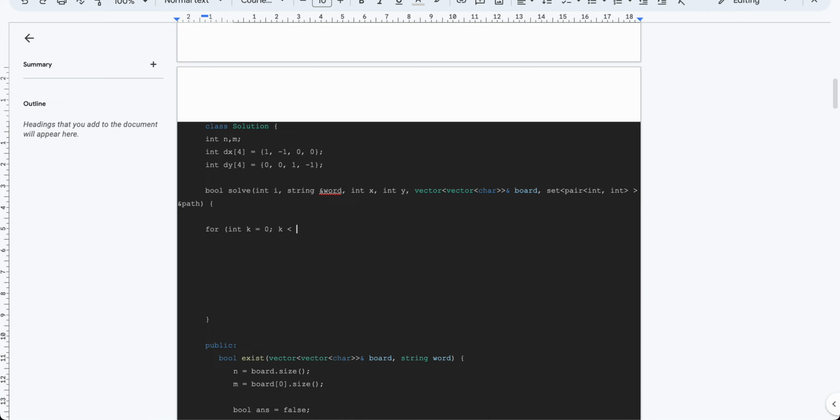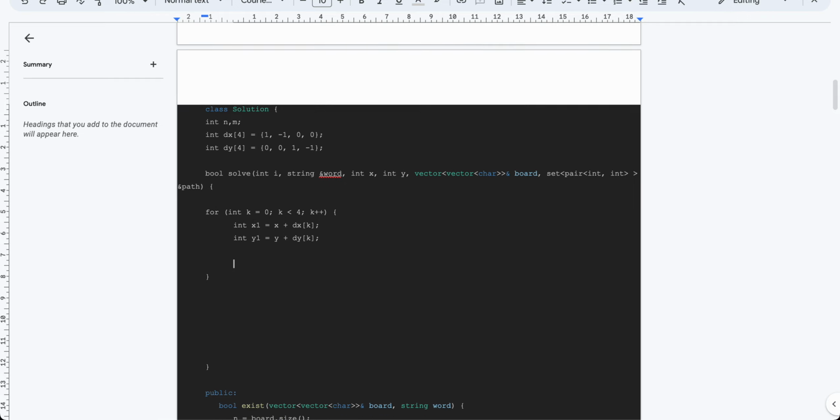Okay, for k from 0, k less than 4, k plus plus, so x1 is x plus dx of k, and y1 is y plus dy of k.